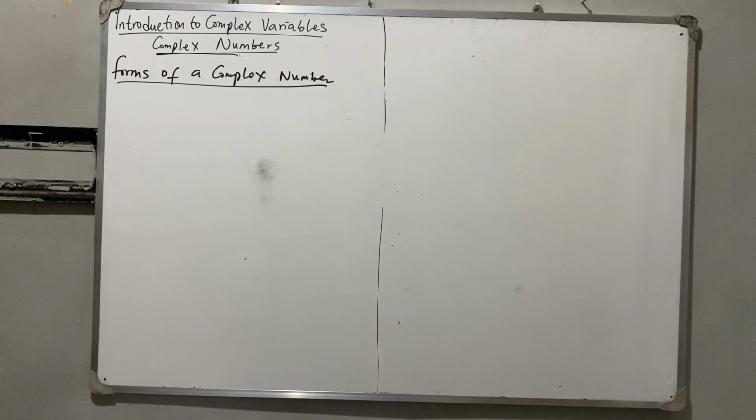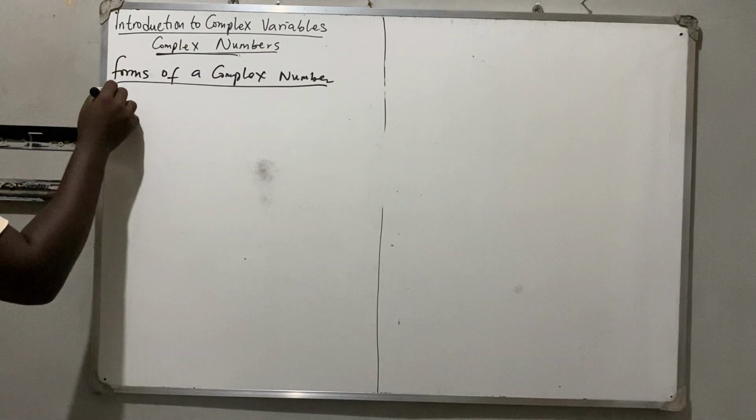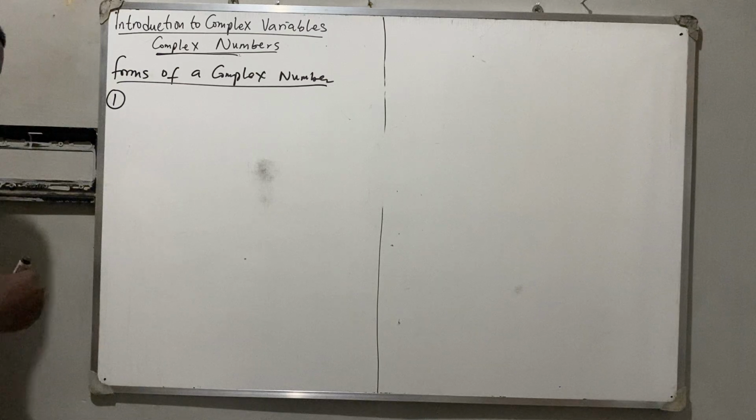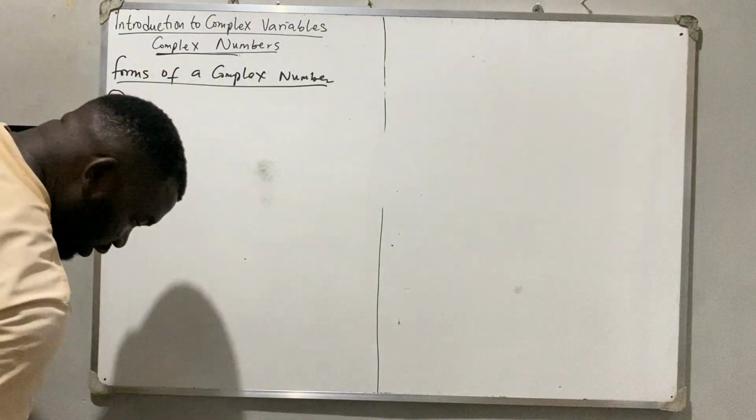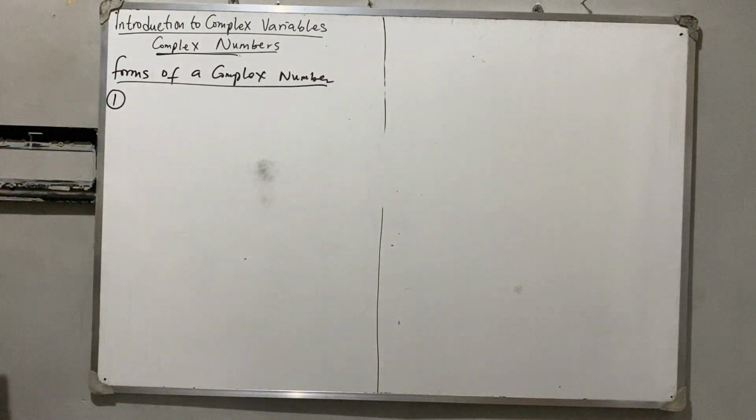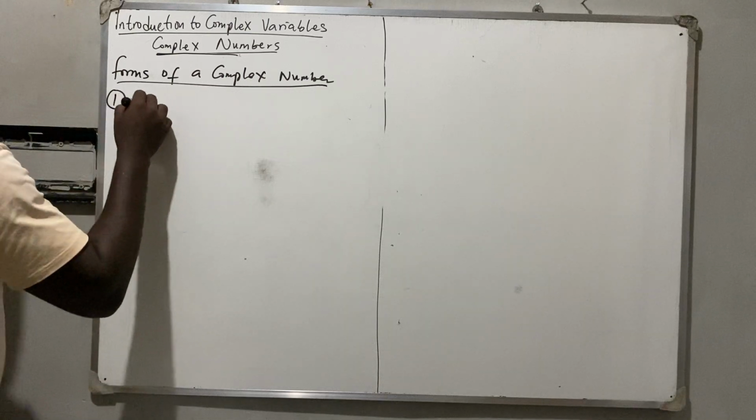Now basically a complex number can be in, do I say 3 or 4 forms? Let's use 4, but the normal one is 3. I just want to add the logarithm form to make it 4, but it's always 3 anyway. So the forms of a complex number, the first one is called the XY form, or the rectangular form, or the Cartesian form.